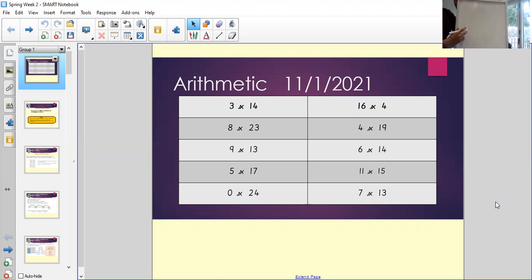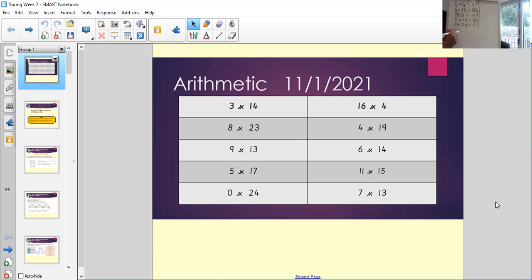So the first question is 3 times 14. 3 times 14 equals 42. 8 times 23 is 184. 9 times 13 equals 117. 5 times 17 equals 85, and 0 times 24 equals 0.